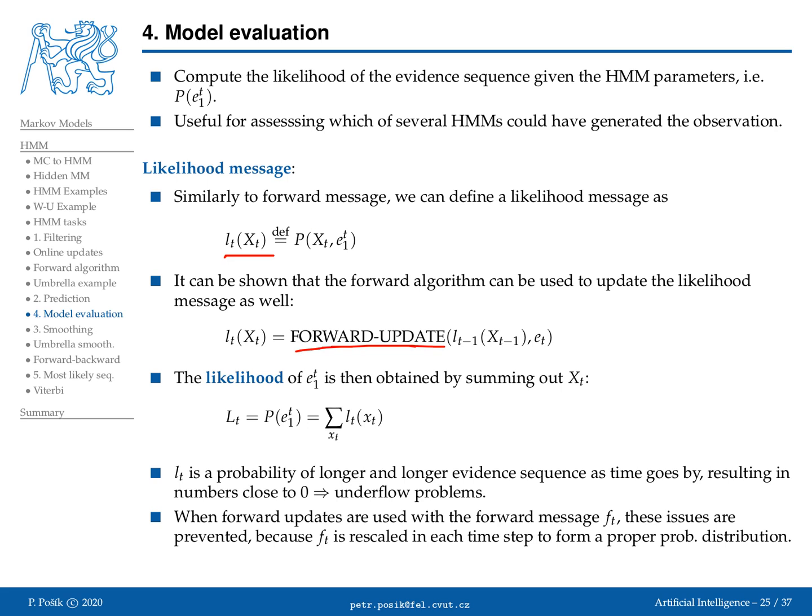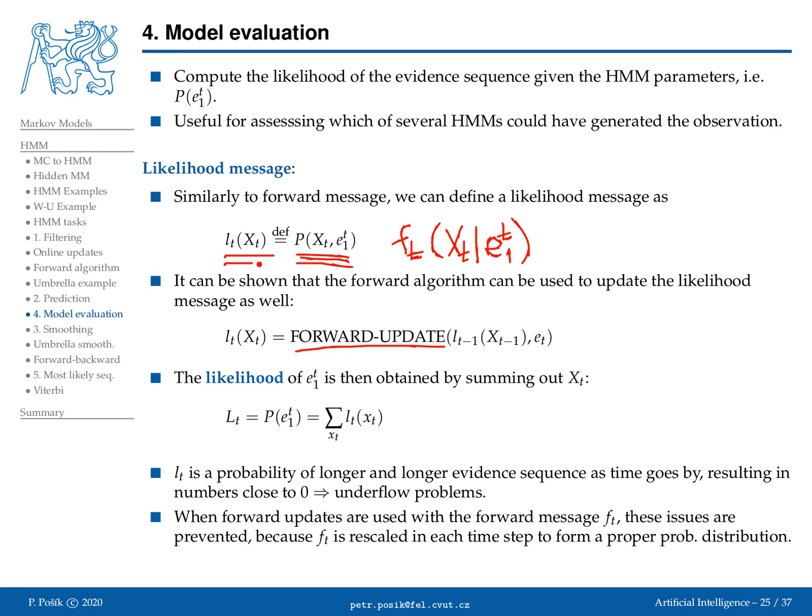Now the likelihood message is defined like this, and that's a difference. There is a slight difference from the forward message, which was defined like the conditional probability of x_t given the whole sequence of observations. This is a joint probability. So that's the only difference between these 2 things.